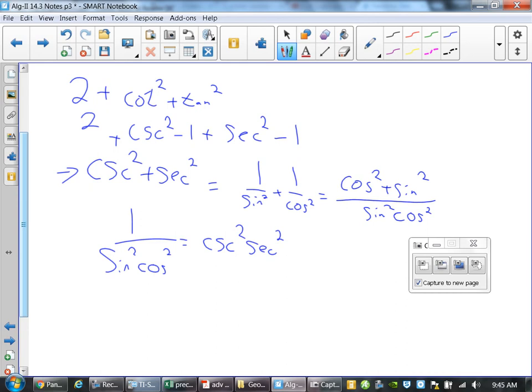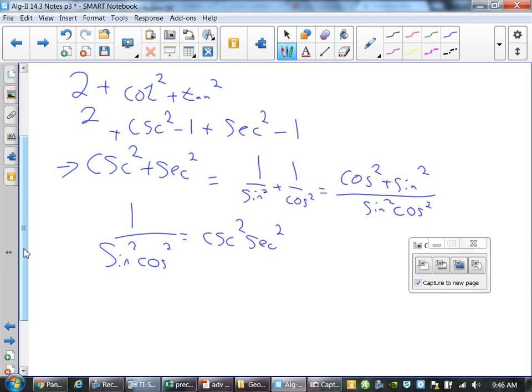I reciprocaled them. Like the very last step? Yeah. That is reciprocal. 1 over cosine squared, 1 over sine squared is cosecant squared secant squared.